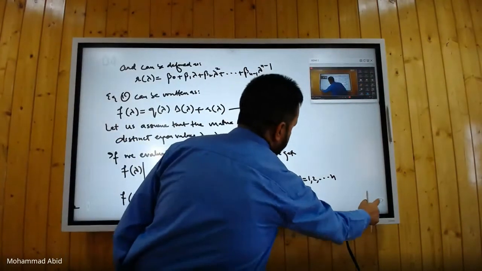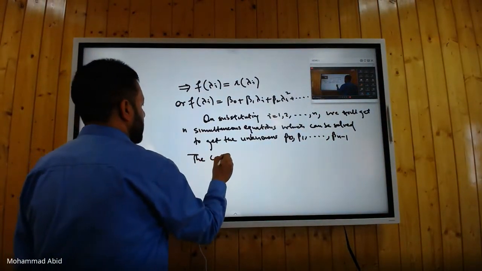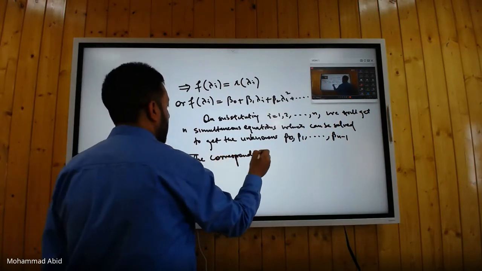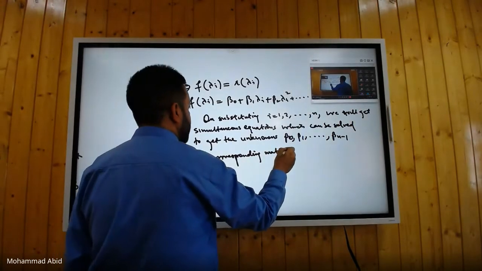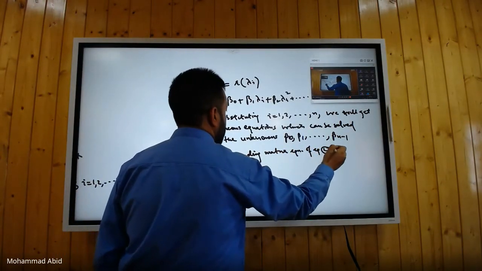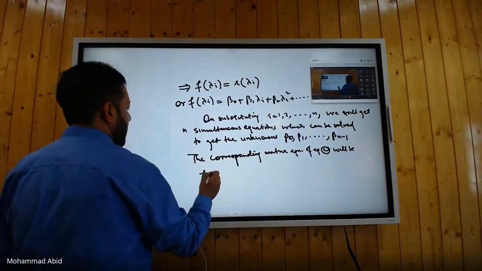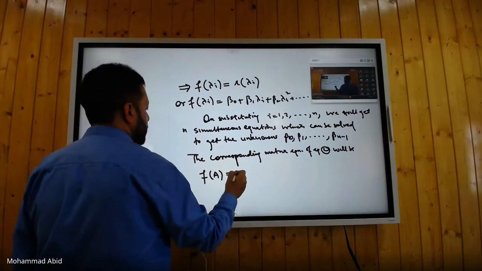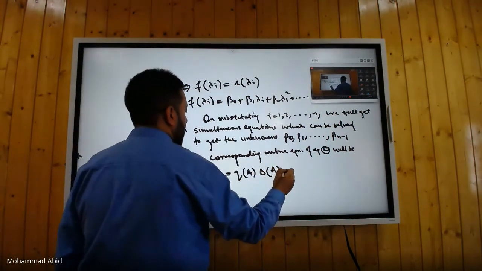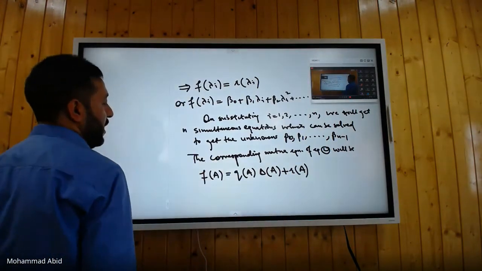The corresponding matrix equation of equation number 2 will be f of a is equal to q a delta a plus r a. That means lambda की जगह मैं वापस a डाल रहा हूँ.